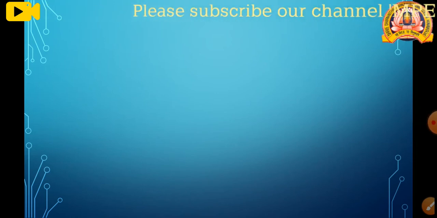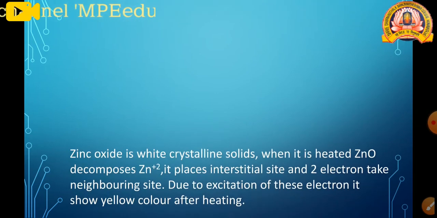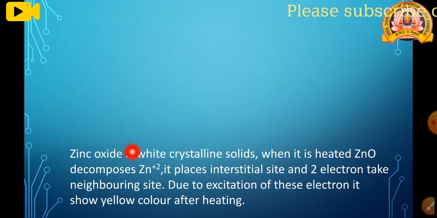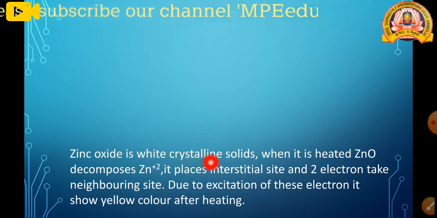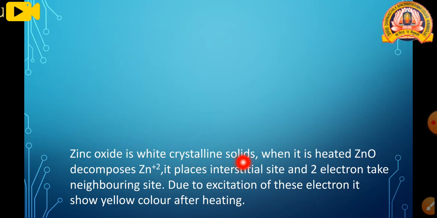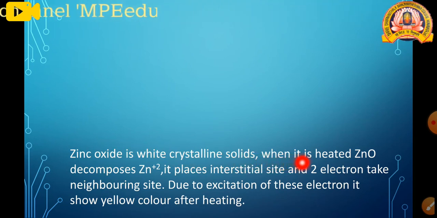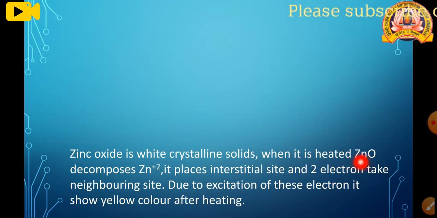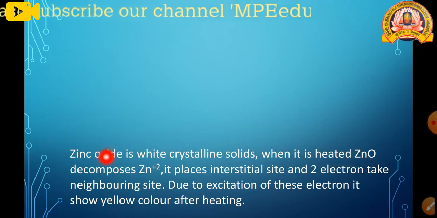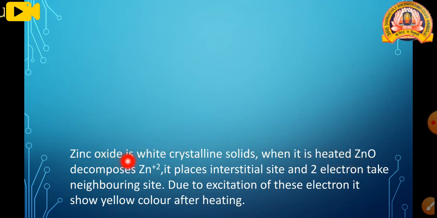On heating, it loses its oxygen and turns yellow. How is it? Just observe the video. So this is the zinc oxide crystal. When zinc oxide crystal is heated, when you supply heat to the zinc oxide, it turns yellow.